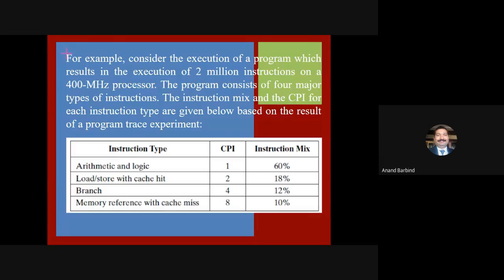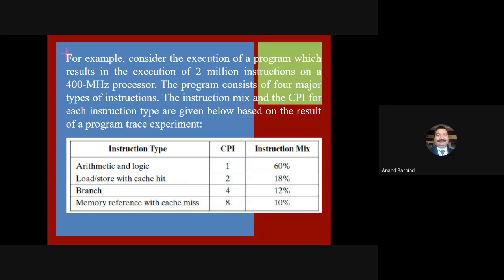The first type is arithmetic and logic instruction. The second type is load store with cache hit. Then next is the branch, and the final one is the memory with cache miss. The CPI for the first type of instruction is 1, for the second type is 2, for the third is 4.